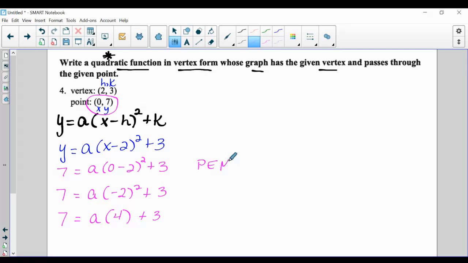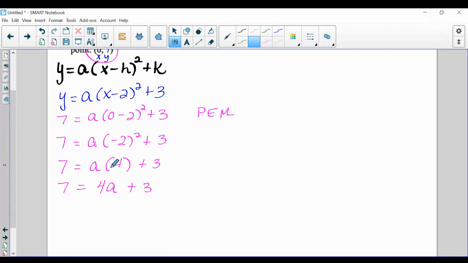And then we will multiply a times 4, which is 4a. Let's leave that plus 3. So again, this is not a 4 plus 3. This is an a times 4 and then plus 3. So 4a plus 3. Let's go ahead and isolate a, and we'll get 4 equals 4a, and a equals 1.